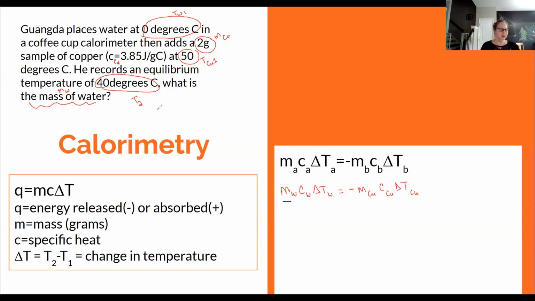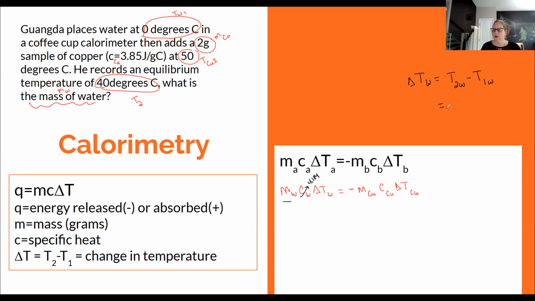So we know that's going to stay in variable form. Specific heat of the water, it doesn't say it, but we should know the specific heat of water is 4.184. So if it's not told to you, just remember 4.184. Change in temperature of the water. Do a little side quest so you don't get confused. The change in temperature of the water is the temperature final of the water minus the temperature initial or starting of the water.